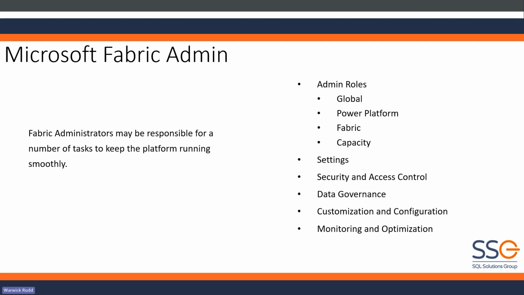We can manage the permissions on those provisioned capacities, and we're able to manage the workload that is being undertaken on those. So this is where I mentioned right at the start, it's potentially going to change based on your organization. If you're in a small organization, you might be wearing all of those caps.